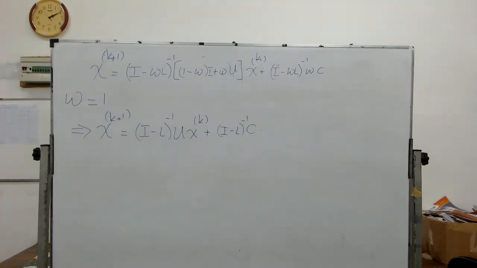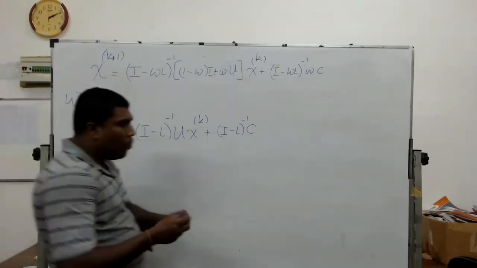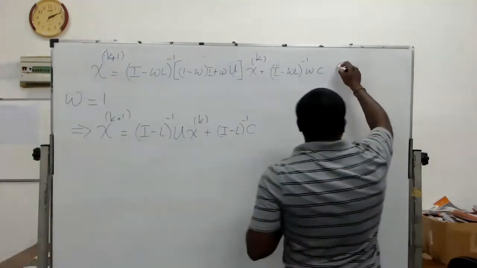So clearly the second one is the Gauss-Seidel iteration, and this one is called the successive over relaxation method.